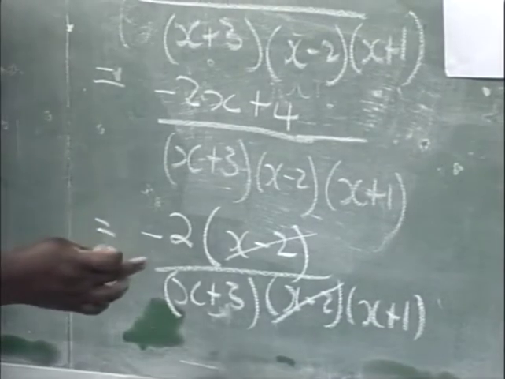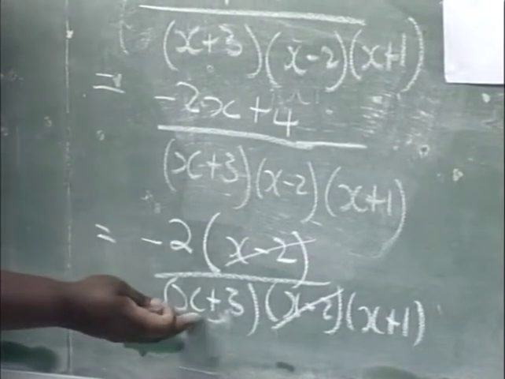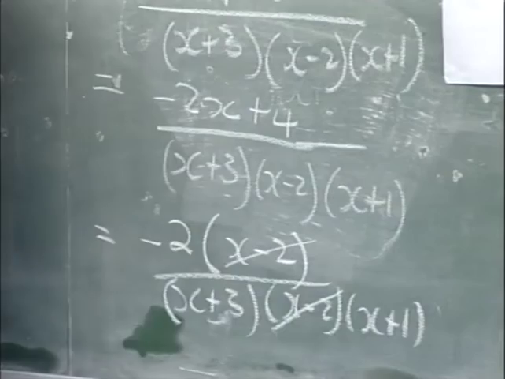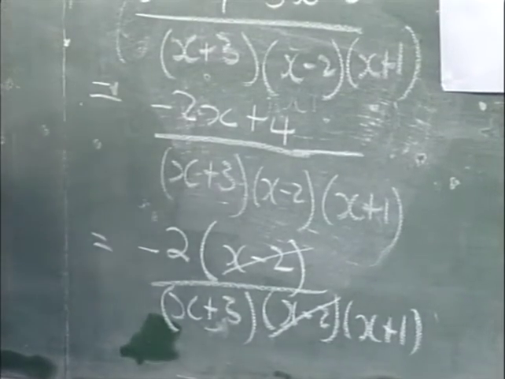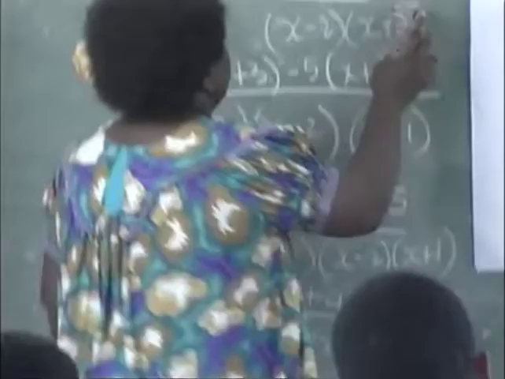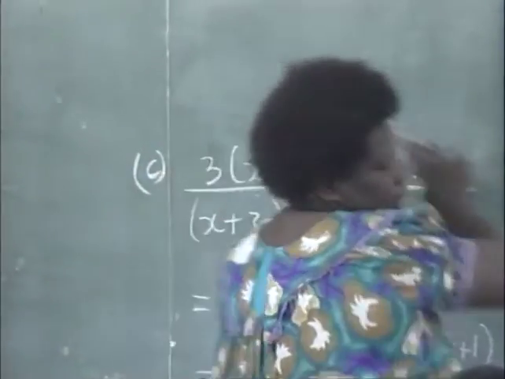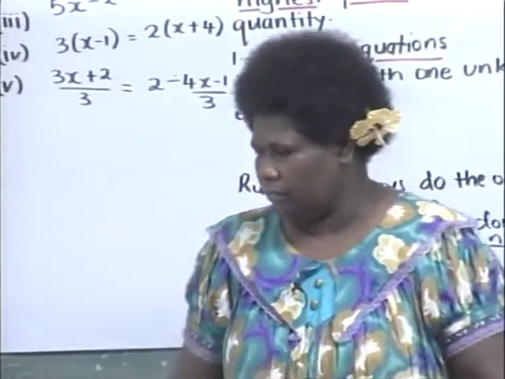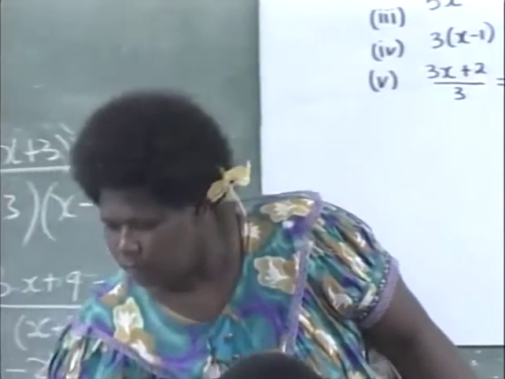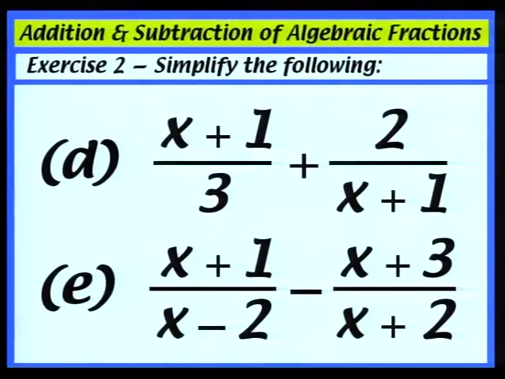So the answer is minus 2 over x plus 3 times x plus 1. Is it clear? Okay. Any other questions you want me to do? Okay, 4 and 5.